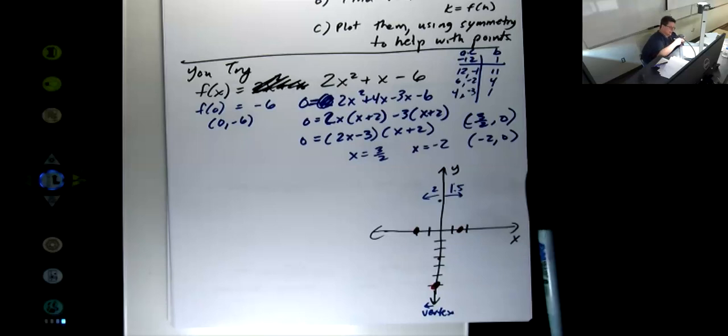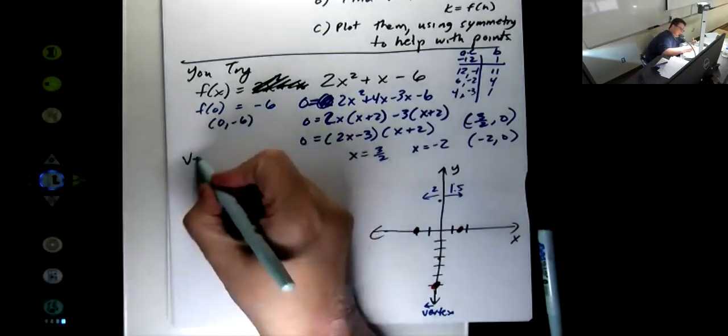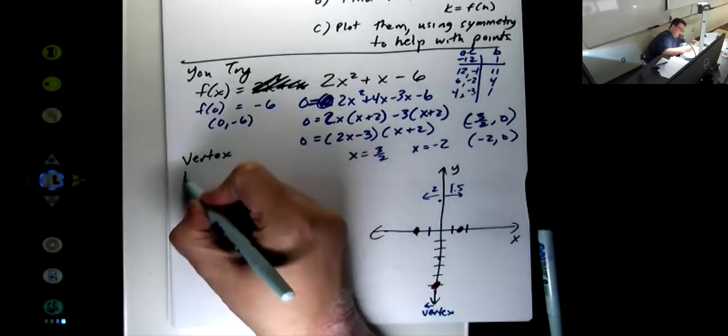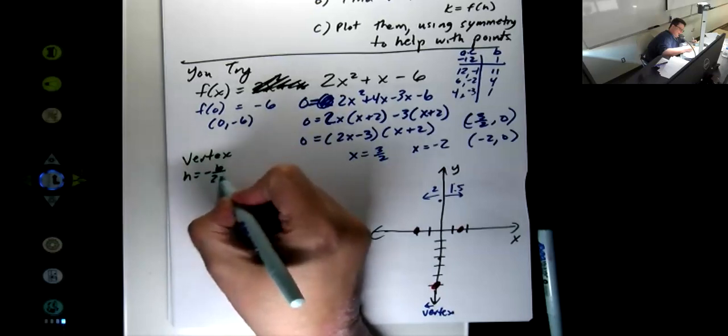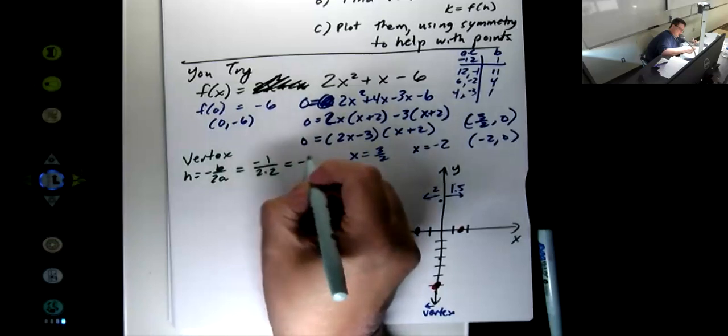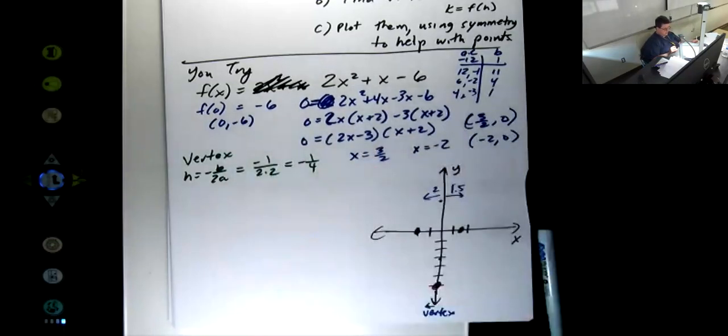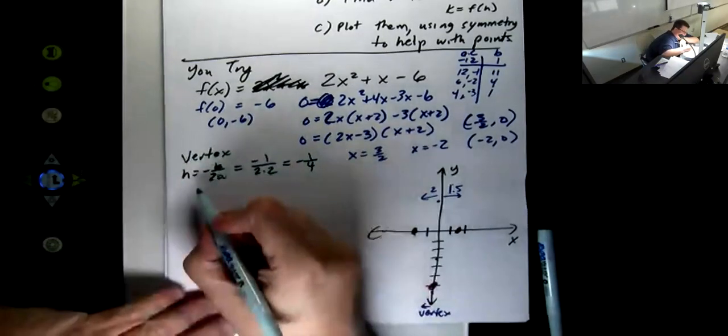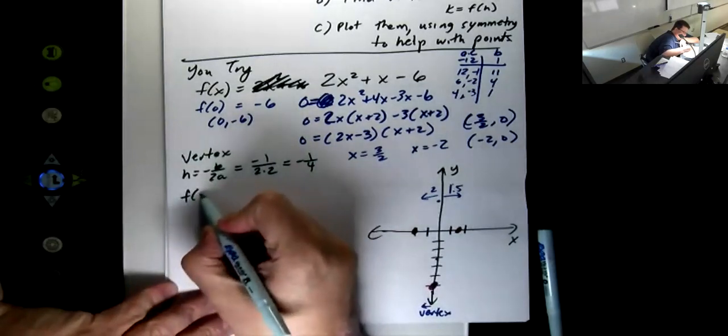Finding the vertex: h equals -b over 2a, which is -1 over 2 times 2, which is -1/4. f of -1/4 is going to be unpleasant.